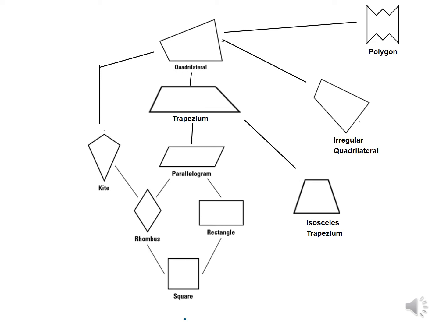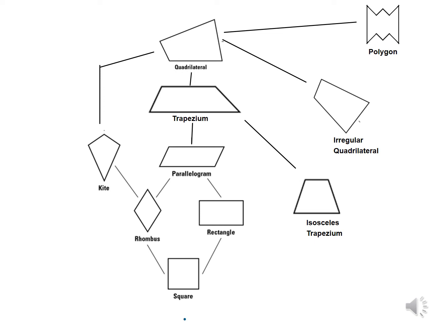A kite has diagonals that are perpendicular. Therefore, so does a rhombus and a square. So the definition of a kite is perpendicular diagonals. An arrowhead is perhaps a special case of that with a reflex angle, but a rhombus is therefore a kite, a square is therefore a kite.